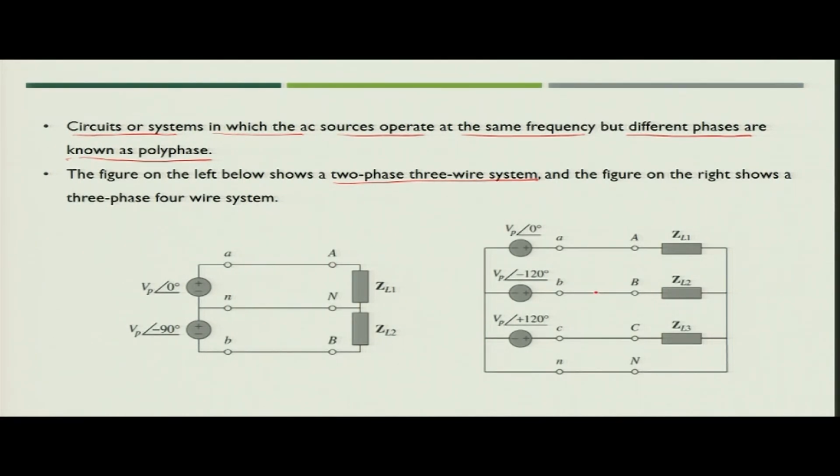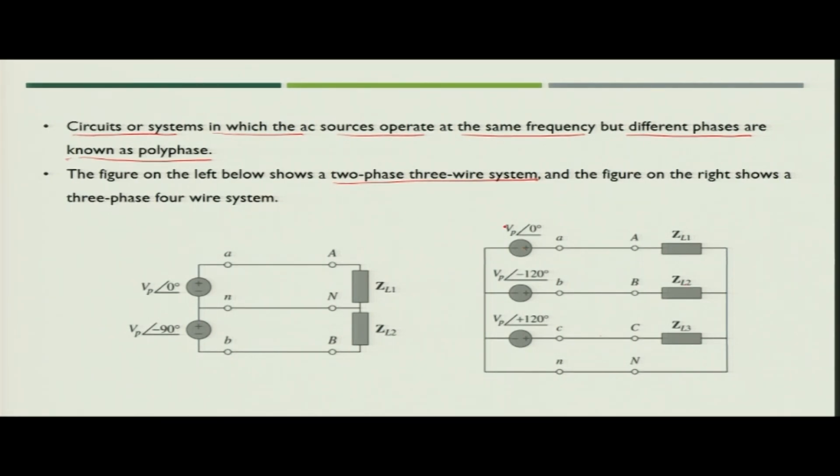In the figure on the right, you will see there are 4 wires. We call them A, B, C and N. These are A phase, B phase and C phase, and then the neutral wire. These 4 wires connect the 3 voltage sources to the 3 loads, ZL1, ZL2 and ZL3.